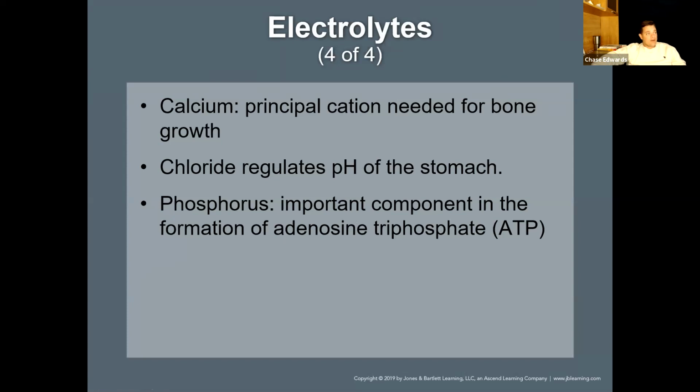All right, there's some other ones there. So calcium's the principal cation needed for bone growth, and it plays an important part in the functioning of the heart muscle, nerves, cell membranes, and blood clotting also.